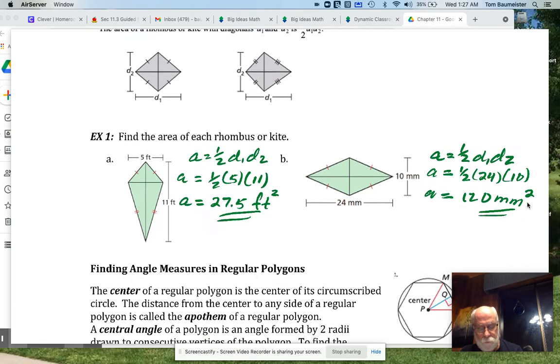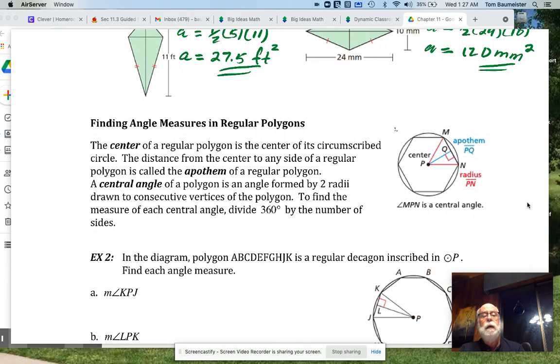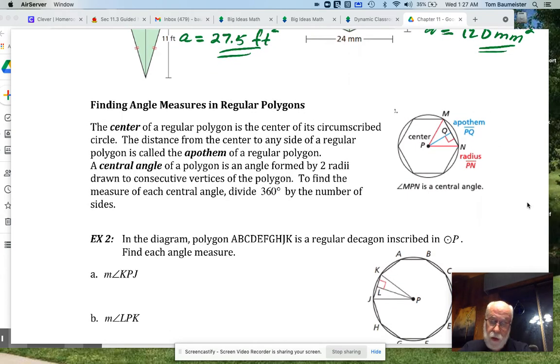All right. So next, finding angle measures in regular polygons. So we're going to need all of these here when we start finding the area. So what they're going to kind of show you here is how to kind of look at these. So the center of a regular polygon is the center of its circumscribed circle.